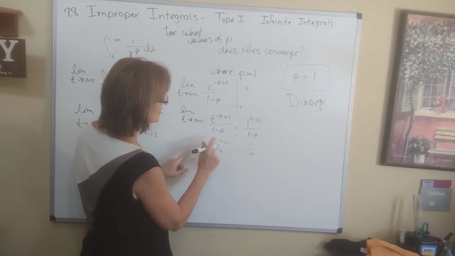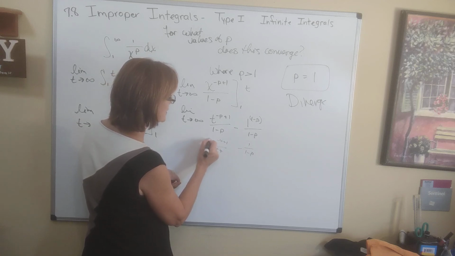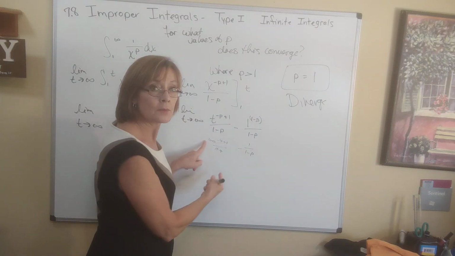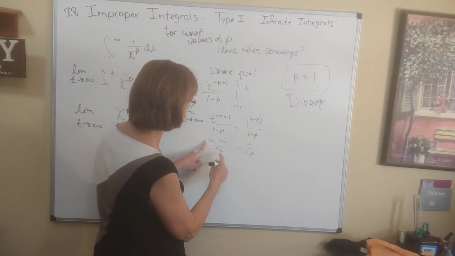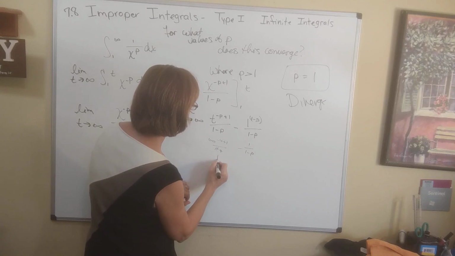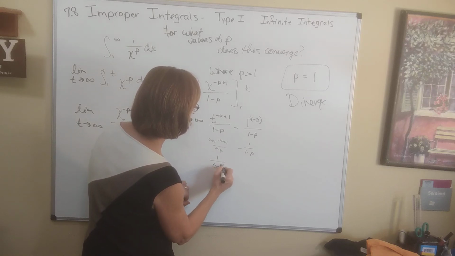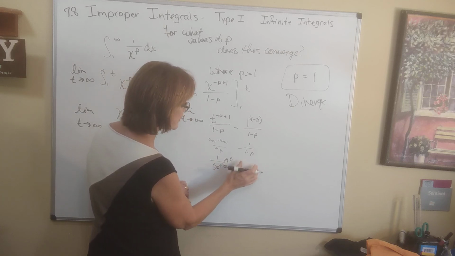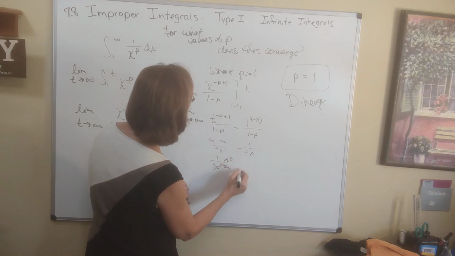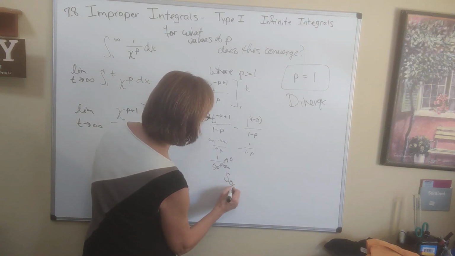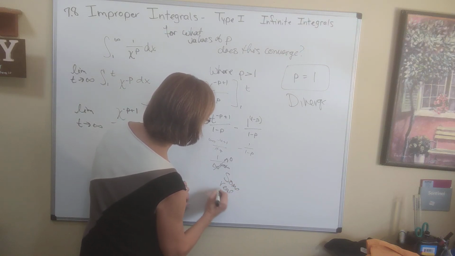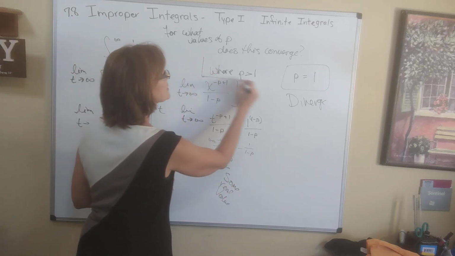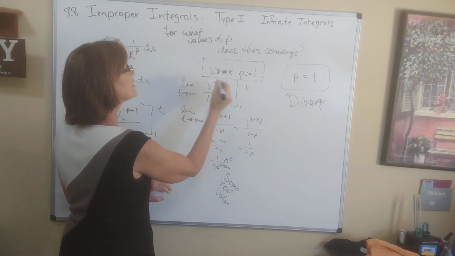T is basically infinity because of the limit, so we've got infinity raised to a negative power, which is like 1 over infinity to a positive power. So this is going to go to 0. And so this plus some number results in some real value. So for the case where p is greater than 1, we find that it converges.